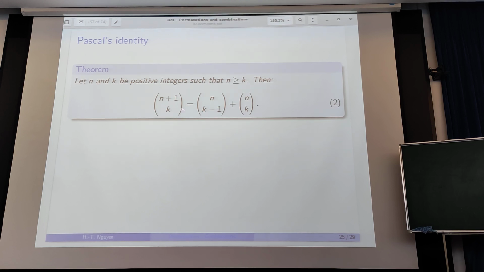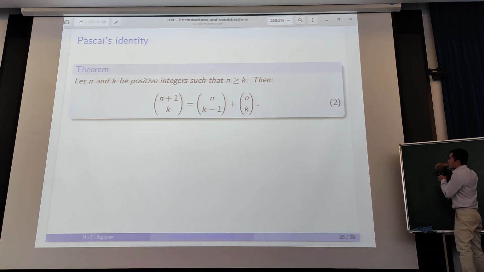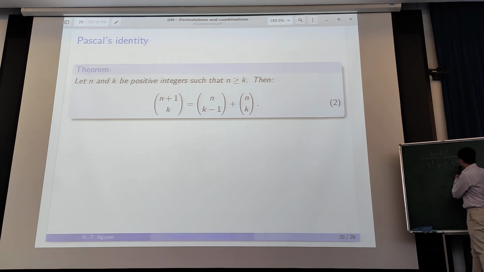Of course you can use the formula for binomial coefficients to prove this directly. You can write it and use some algebraic calculation. You can write it as n plus 1 factorial divided by k factorial times n plus 1 minus k factorial, and on the other side you have this.